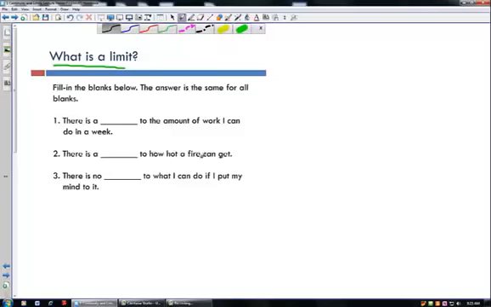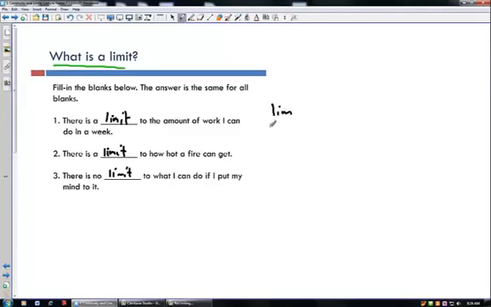There is a blank to how hot a fire can get. There is no blank to what I can do if I put my mind to it. And of course, when you fill in these blanks, they're all the same thing. There is a limit to the amount of work I can do in a week. There is a limit to how hot a fire can get. There is no limit to what I can do if I put my mind to it.